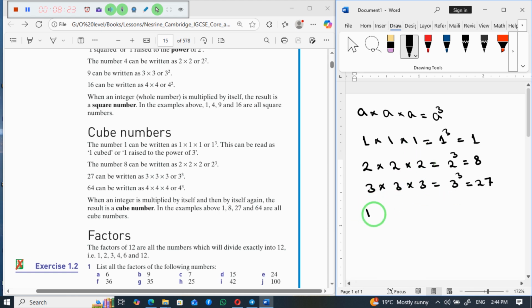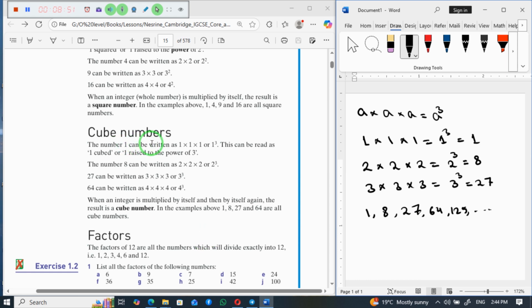We have, for example, 1, 8, 27, and also 64, 125, etc. These numbers are called cube numbers because they are obtained from the multiplication of the same number 3 times.